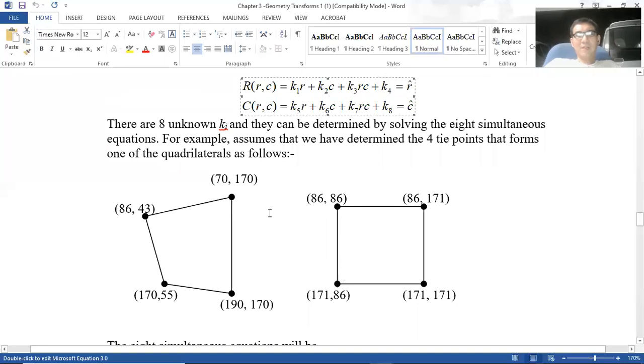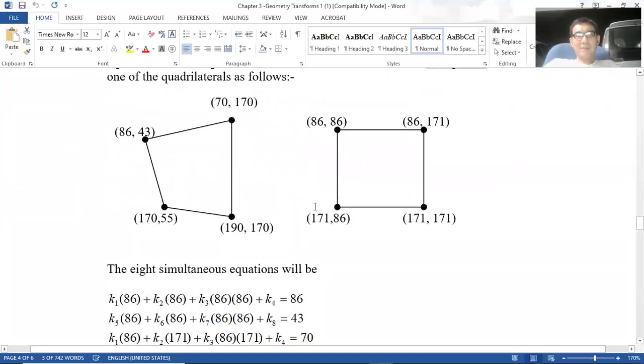But of course, in order to find this equation, we need to find out K1 to K8, the 8 unknowns. For that, we need 8 simultaneous equations, and these can be obtained from the 4 tie points. Here 86/86 is mapped to 86/43. With that, we can develop the mapping equation.